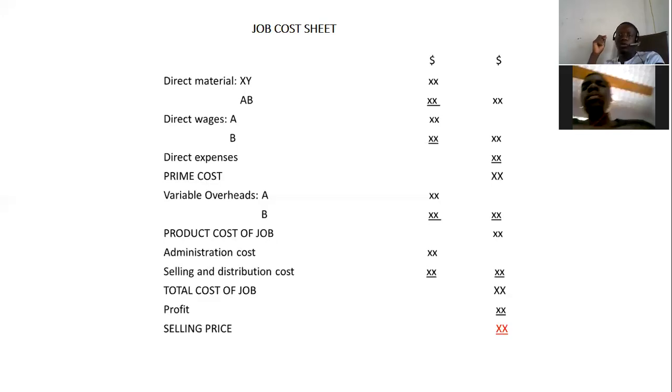So we sum up these three, then we record our total. Then you don't just leave it there, you need to label the total, which is prime cost.